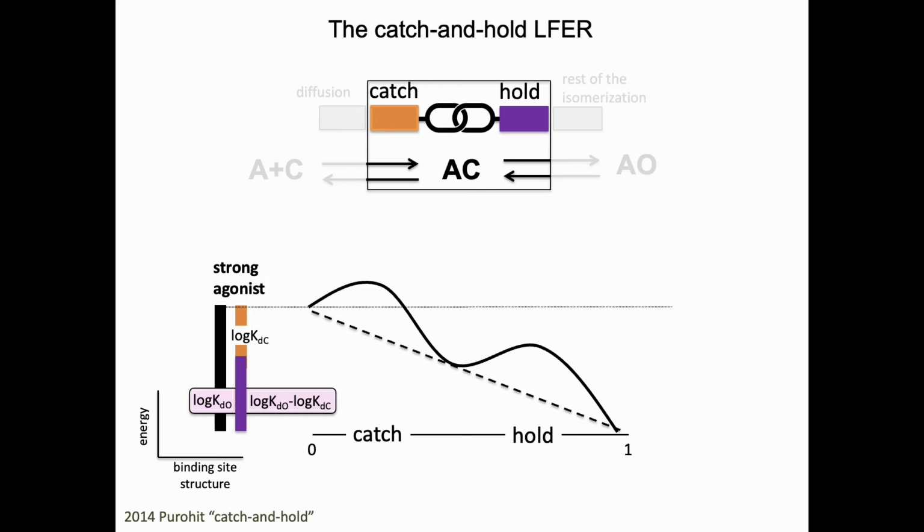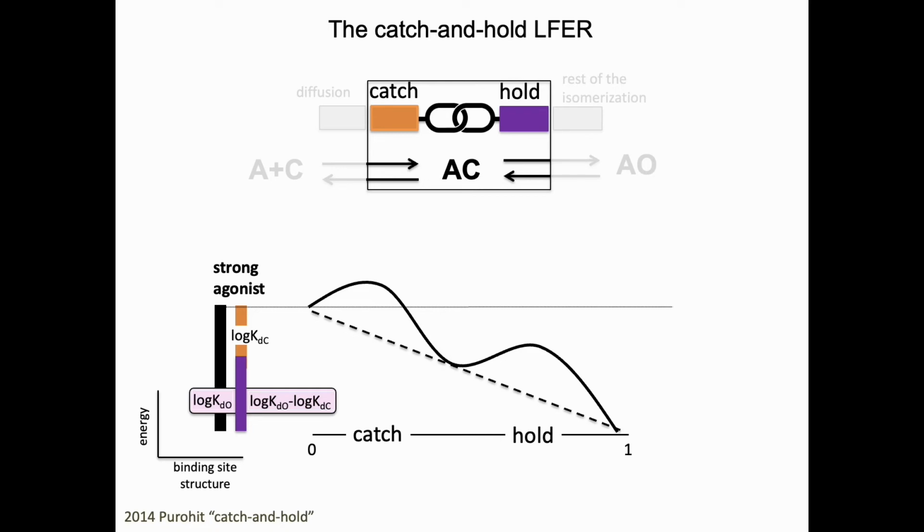So now you can see the fraction of this total energy change, KDO, that came from hold, which is that which determines efficacy, is just this pink equation here, KDO minus KDC over KDO. So there's our pink equation giving you efficiency, which is the midpoint of this curve.